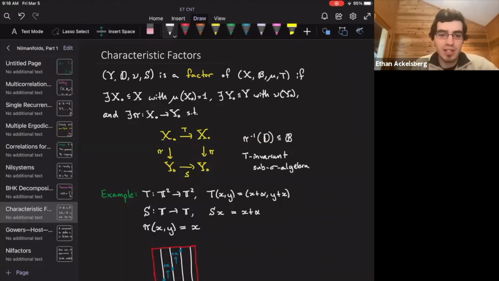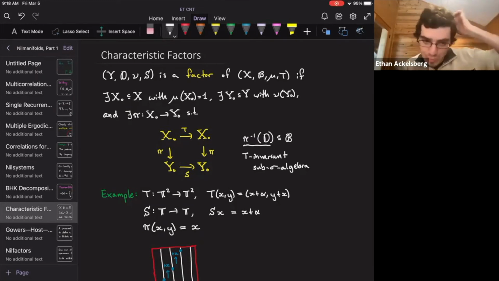The T invariance comes because we have this commutativity of the diagram, and we'll also maybe think about this sub sigma algebra as a factor, so that we can really take projections in a reasonable way, like taking conditional expectations.